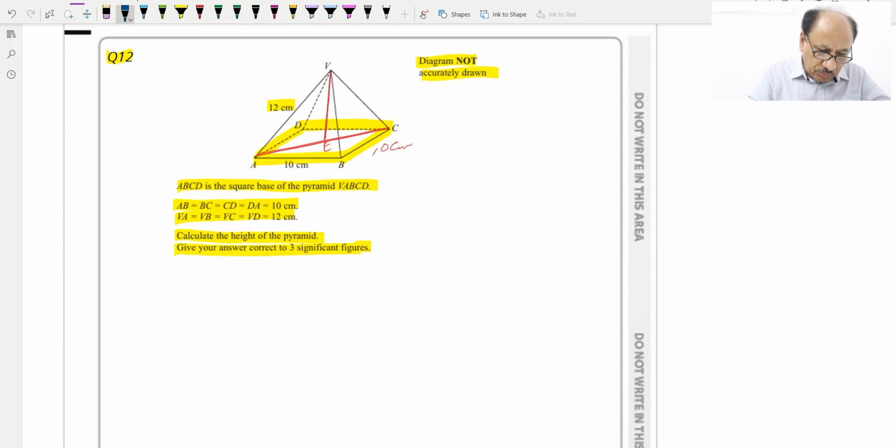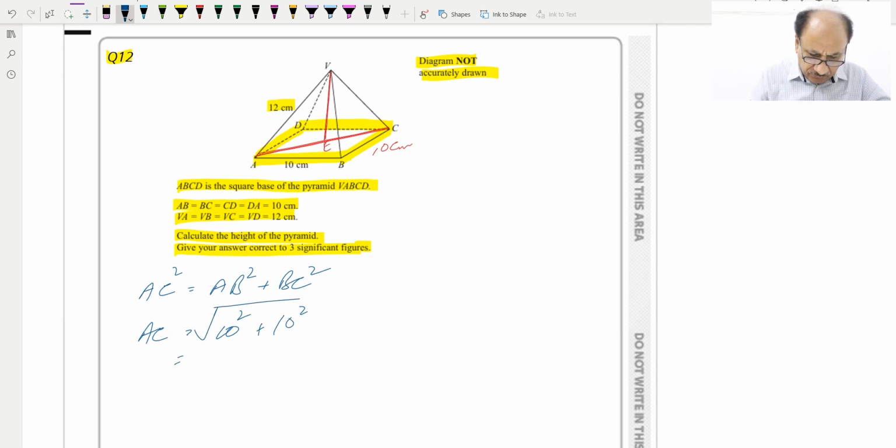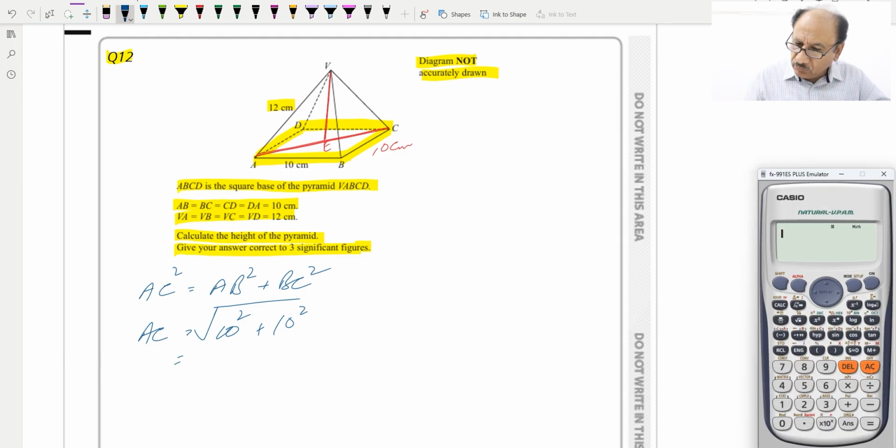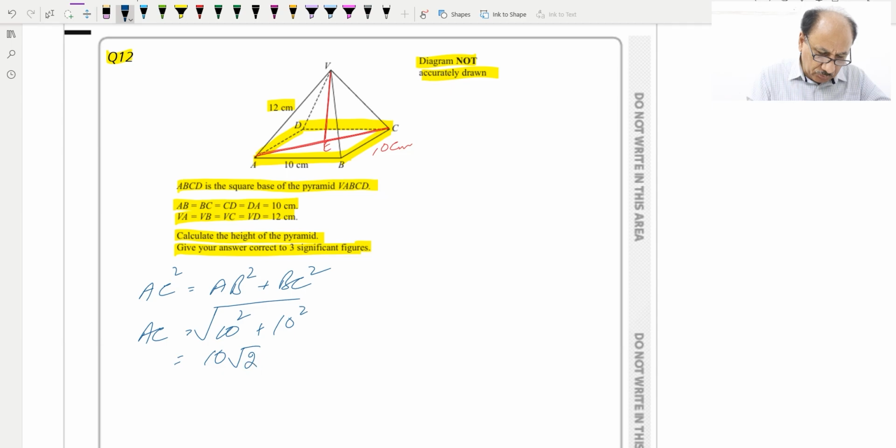By Pythagoras theorem, AC square will be equal to AB square plus BC square. So AC will be the square root of 10 square plus 10 square, and we can use a calculator to solve this. This will be equal to 10 under root 2.